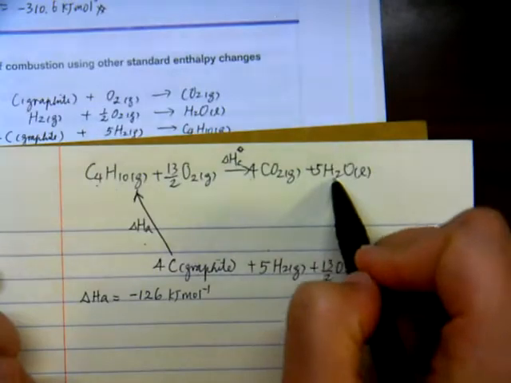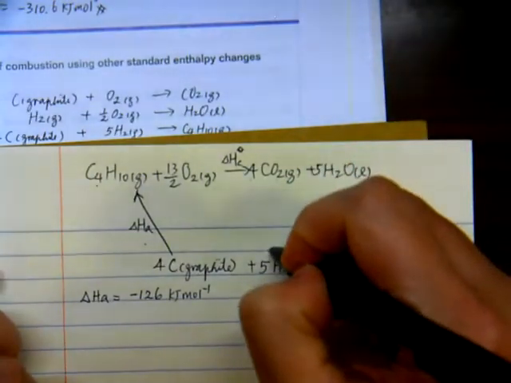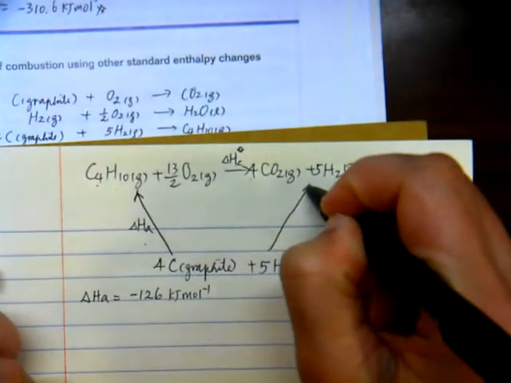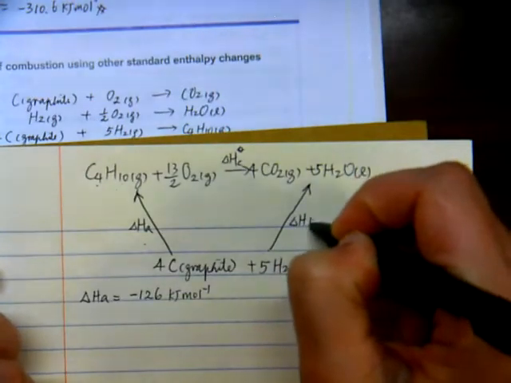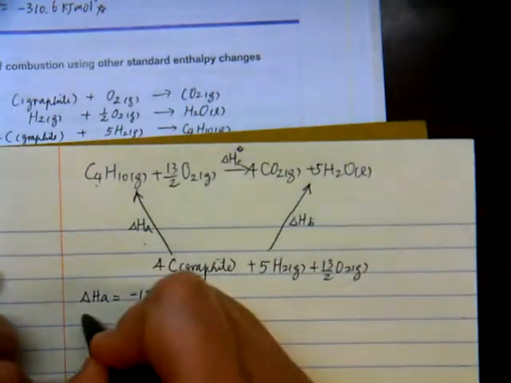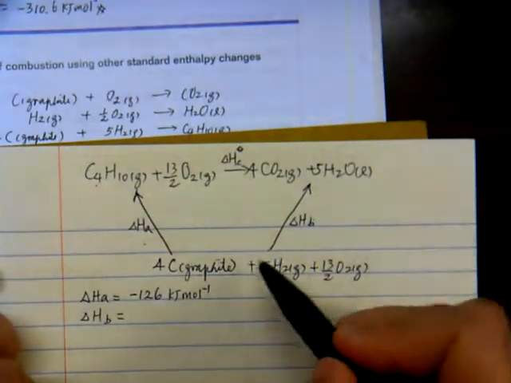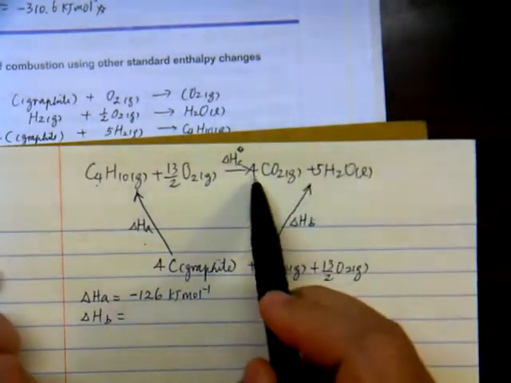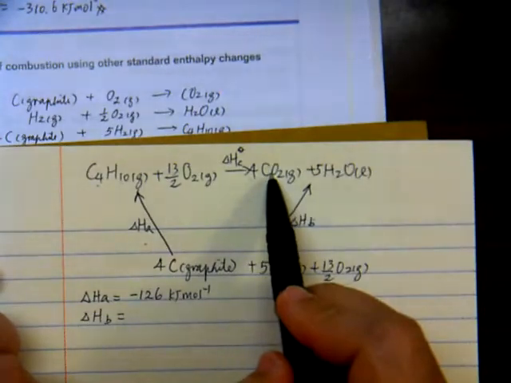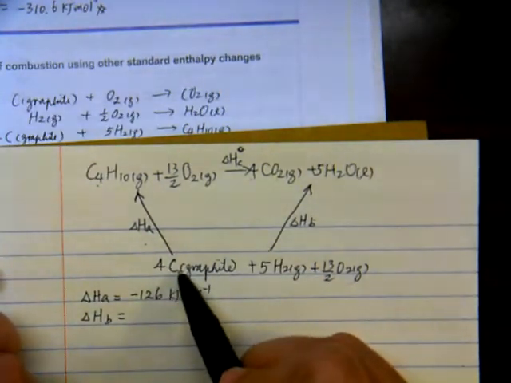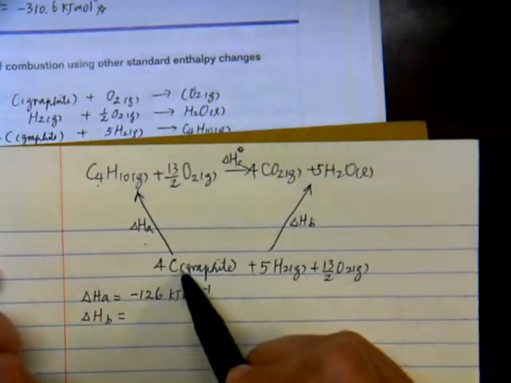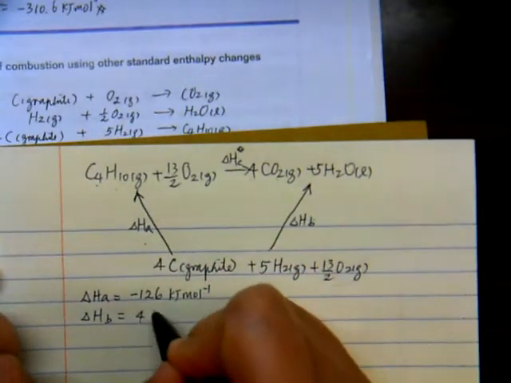Next, formations of carbon dioxide, formations of water. So I need to draw the arrow upwards. Label it as delta HB. What is delta HB? Look at the arrow. In the arrow, we have 4 moles of carbon dioxide, or we have 4 moles of carbon graphite combusted. Therefore, 4 times.